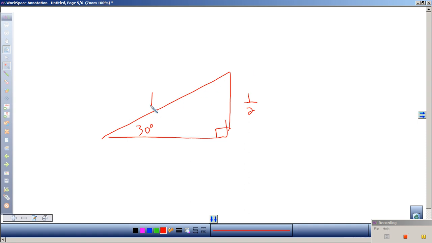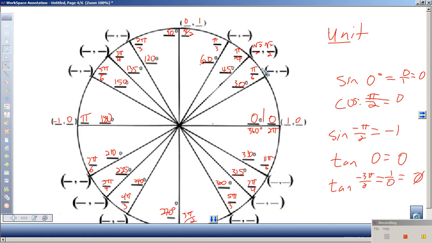This side would be 1/2 root 3, so it would be 1/2 times the square root of 3, and we just write it root 3 over 2, which gives us the coordinates: square root of 3 over 2, 1/2.